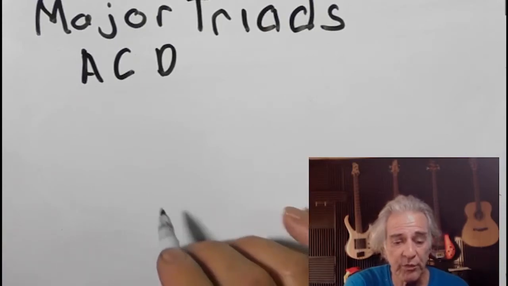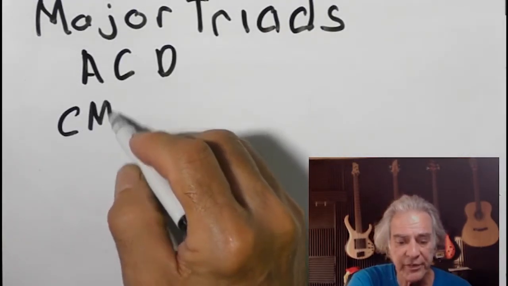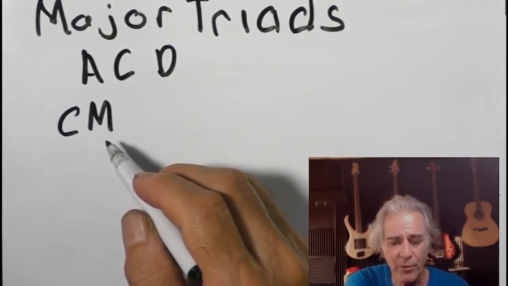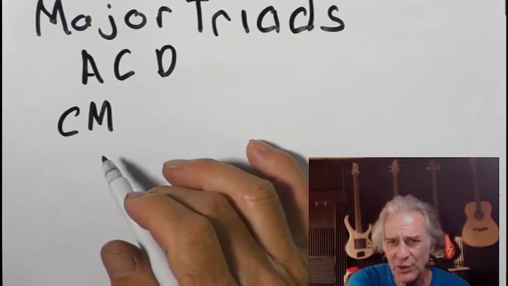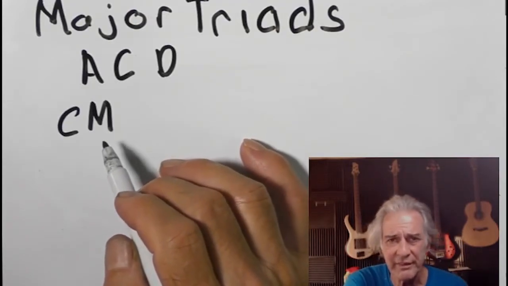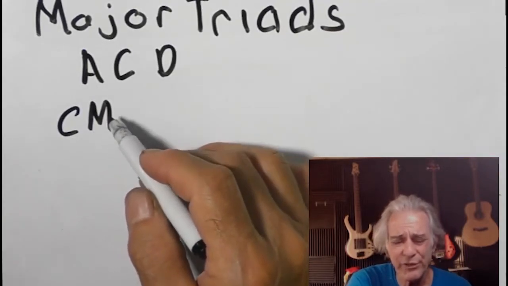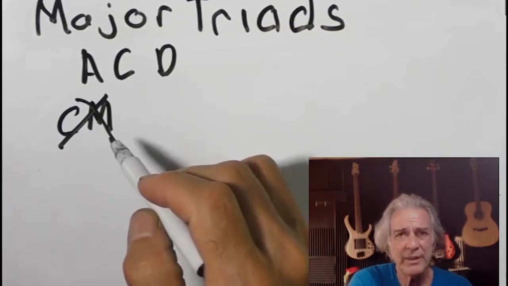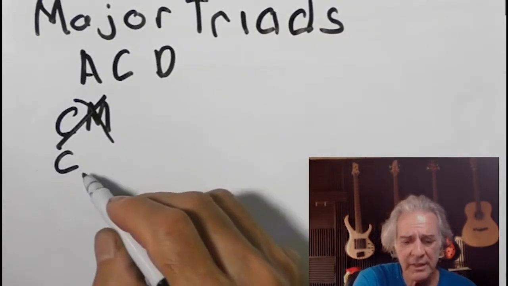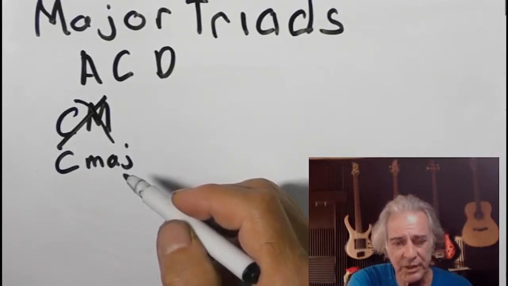I'll go through a few of those, and the first one would be a C with an uppercase M. Now, this is very confusing because you look at that right away and you have to ask yourself, are they talking about a major seventh or a dominant seventh? It's definitely not a minor, I guess. There's too much confusion, so that's unacceptable. The second one would be a C with M-A-J, C major.